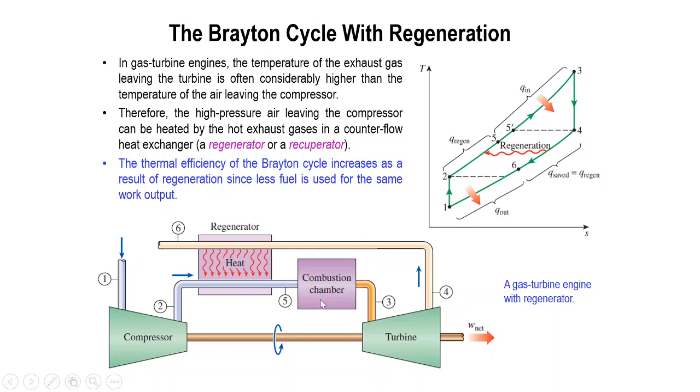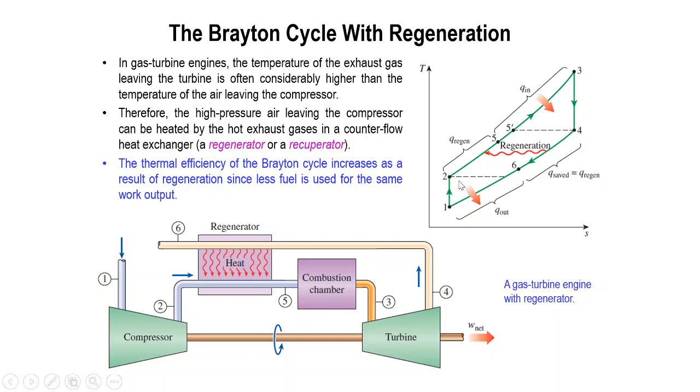Basically, this is your diagram. From process 2 to 3, we have a 5. Point 5 is Q regeneration, helped by the heat exchanger, so we call it Q regen, and 5 to 3 is heat being added. Only Q in here is the actual, necessary heat being added.